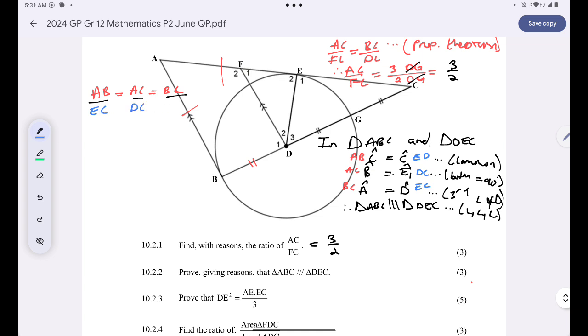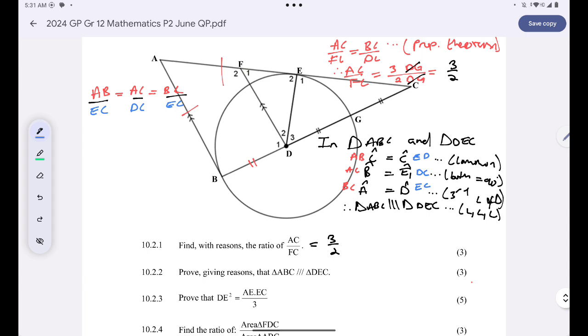Why are they corresponding? Because they subtend equal angles. The corresponding sides are in the same proportion, like this.